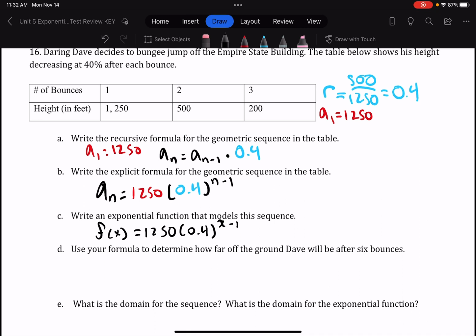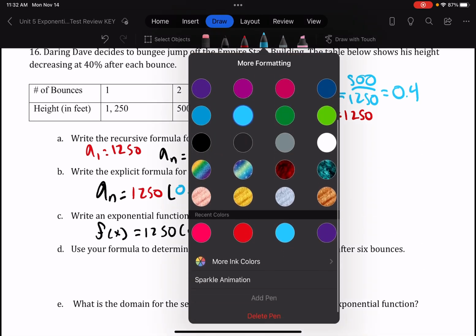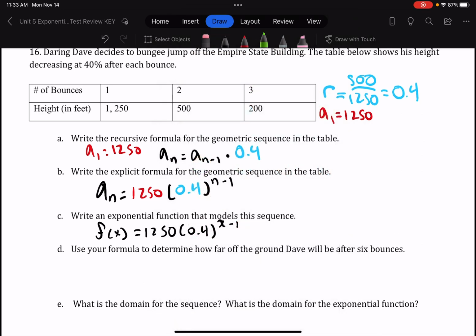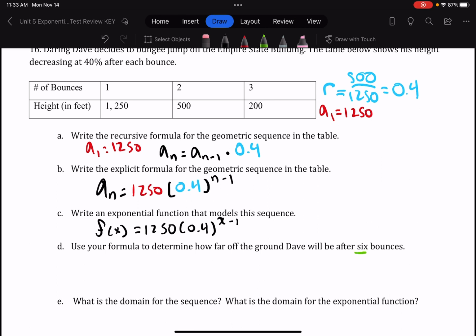Next, it's wanting us to apply this and says, use your formula to determine how far off the ground Dave will be after 6 bounces. So, instead of n, I've now got my n value. My term number is going to be 6. So, I've got a sub 6. I'm using that formula from part B, which is equal to 1,250 times 0.4 to the 6 minus 1 power.